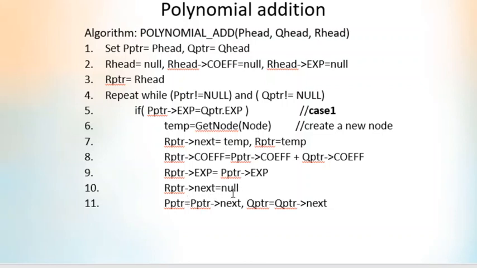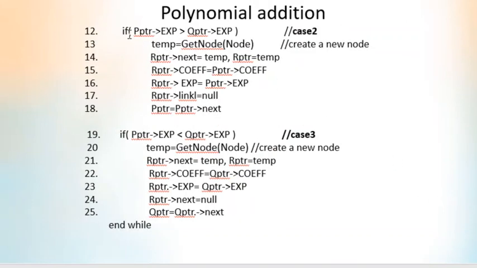And in the other iterations also, the last node will point to the null. So in this linked list representation, you will always add new nodes at the end of the linked list only. So the newly created node's next part will be null. And you can advance the p pointer to the next node and q pointer to the next node. Next case is if p pointer exponent is greater than q pointer exponent.